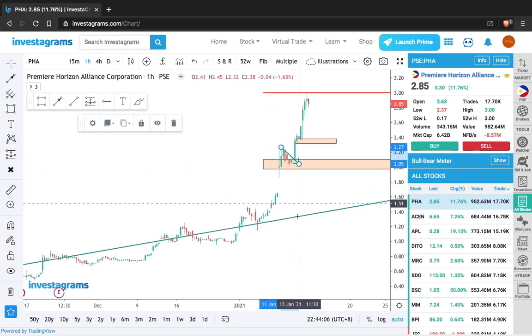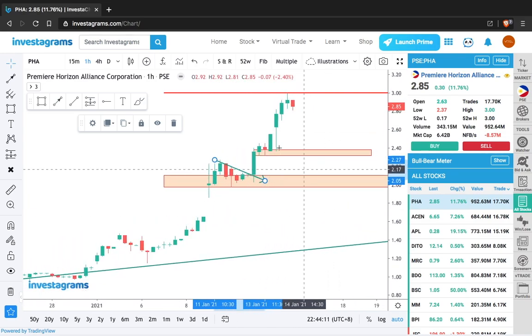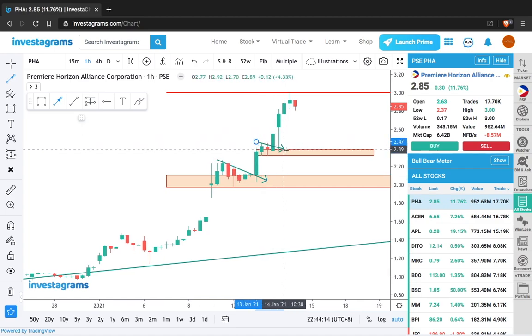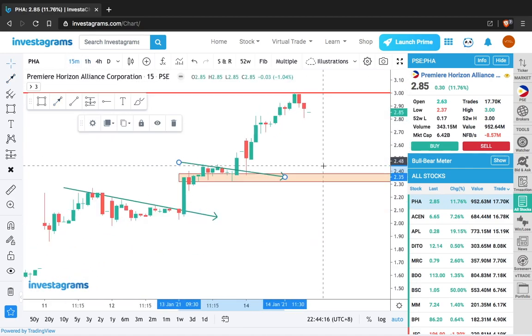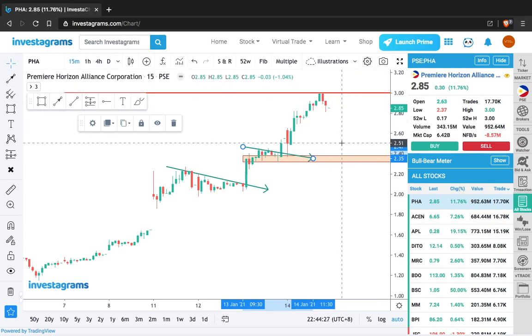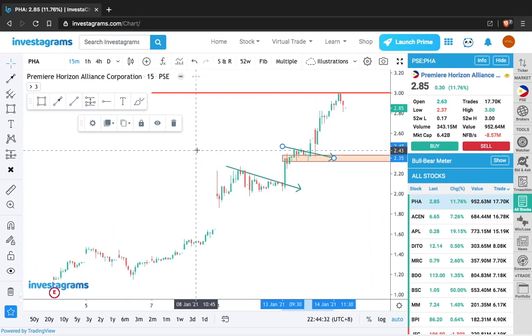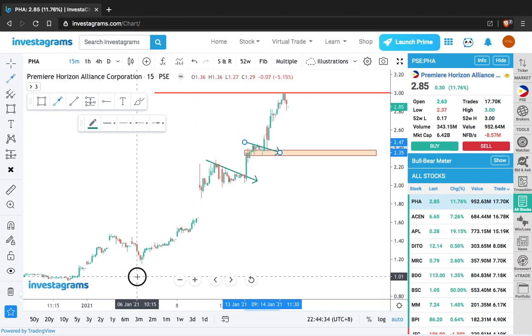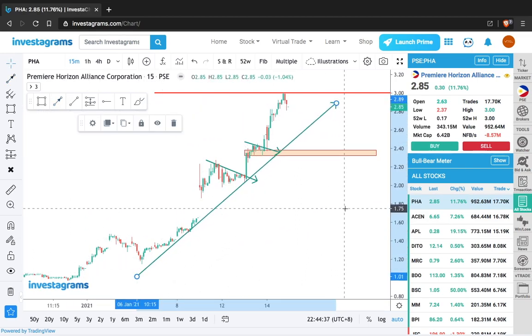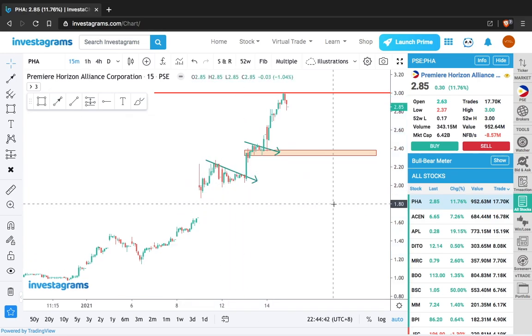I think I talked about this in my analysis a few days ago, and there was also a downtrend right here, which, if we go to a smaller time frame, look, it gives more context. The faster the time frame, the more candles you'll see, the more context you will have in terms of price action. And look, we saw a downtrend, and then if I'm gonna plot this, we are definitely seeing a very steep uptrend right here. So yeah, those are the tools that I like to use.